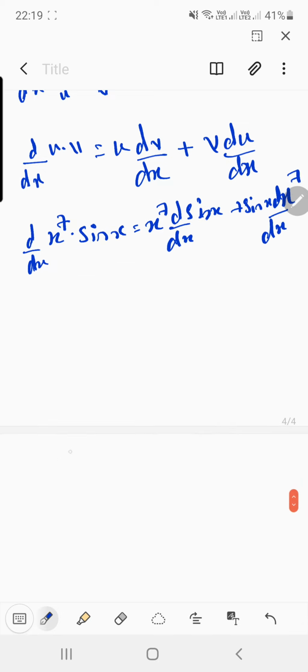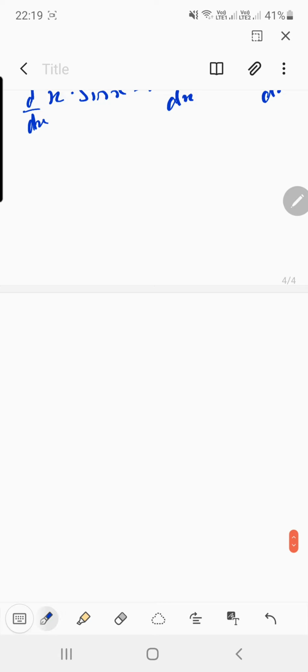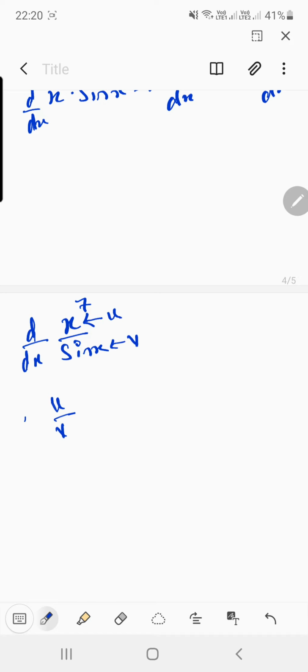Now let's say you've got the same functions in a different form, for example, x raised to 7 upon sin x. So here we will use the formula for division between two functions. Again we consider this as u and this as v.